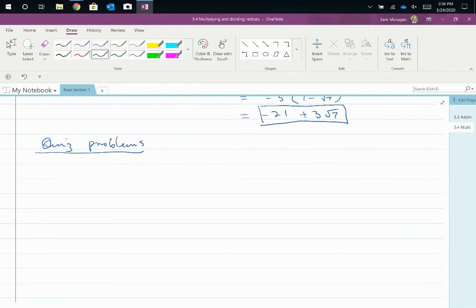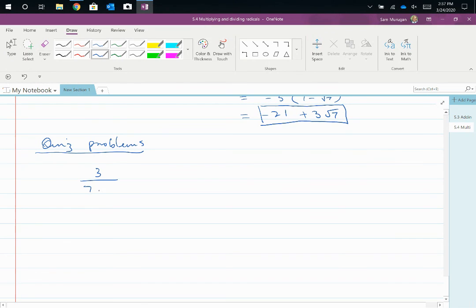I'm just looking at the ones that I didn't really do examples of. I can't see any major problems in the quiz here, so I'll just do one example from the quiz.